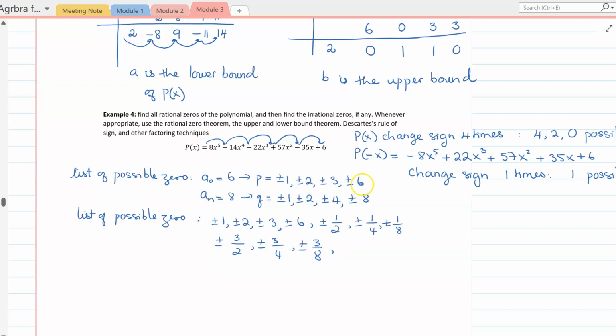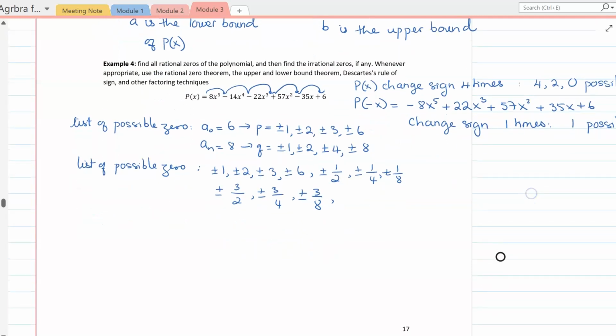The next one is 6. 6 over 1, that's 6. 6 over 2, that's 3. 6 over 4, that's 3 over 2. 6 over 8, that's 3 over 4. And that is already accounted for. Alright, so we got our list of possible zeros.